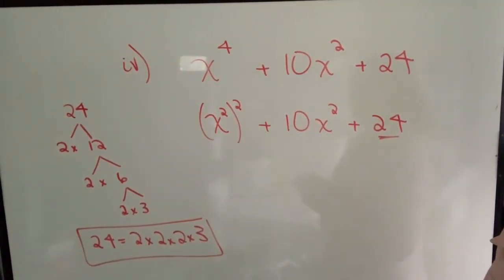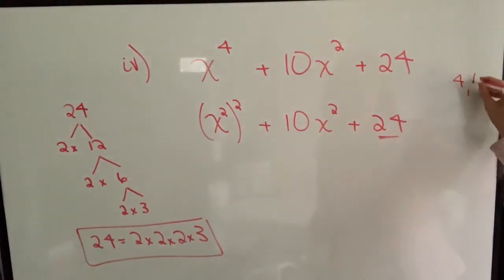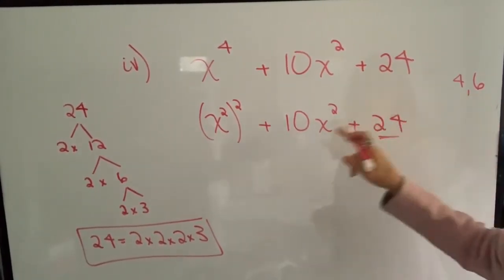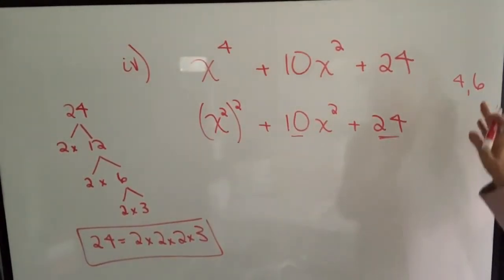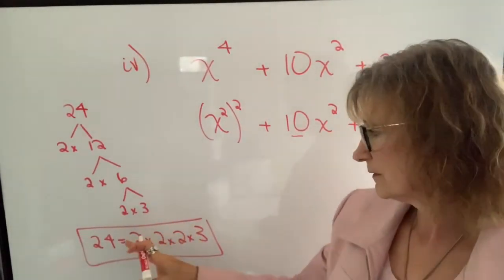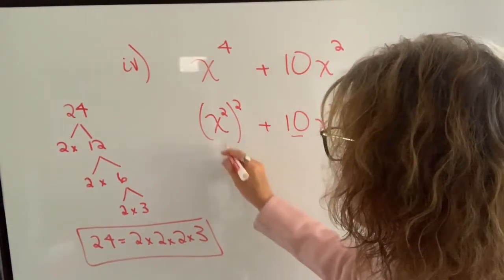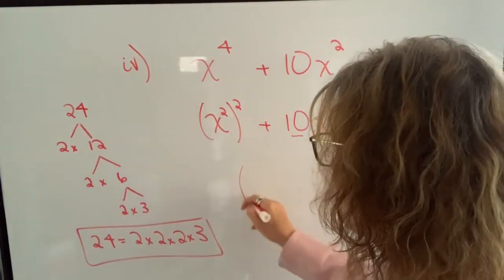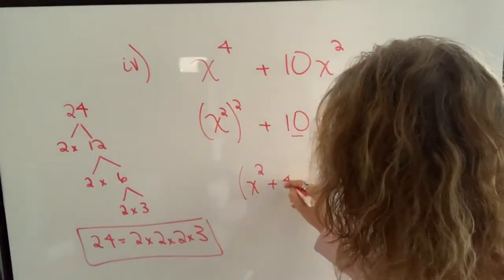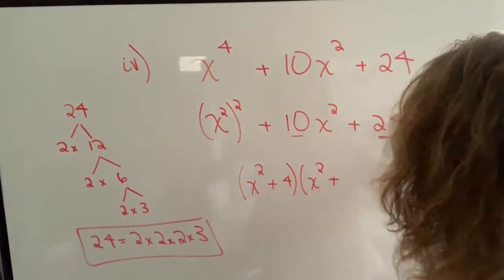Of those options that I mentioned, if I take a 4 and a 6, they multiply to equal 24. They add to equal 10. So those are the two numbers out of all the different options I had when you look at the prime factorizations. So the factors will be, instead of it just being an x, now it's x squared plus 4 and x squared plus 6.